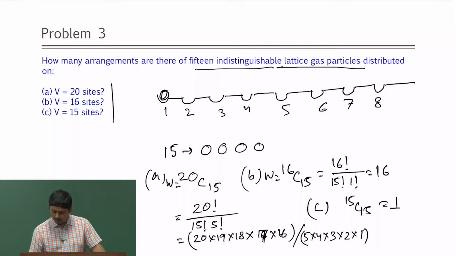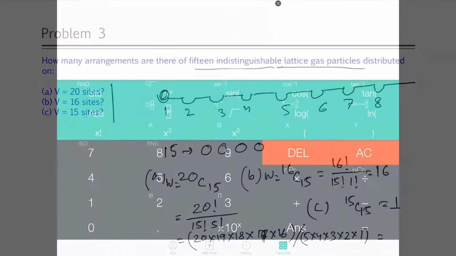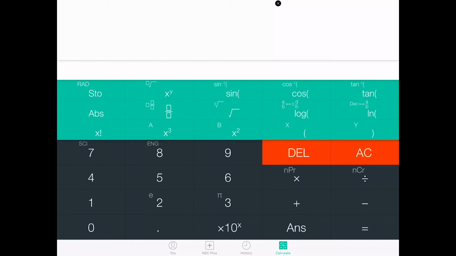We are going to do that using a calculator, and that will tell us what the value is. 20 C 15 is 15,504.